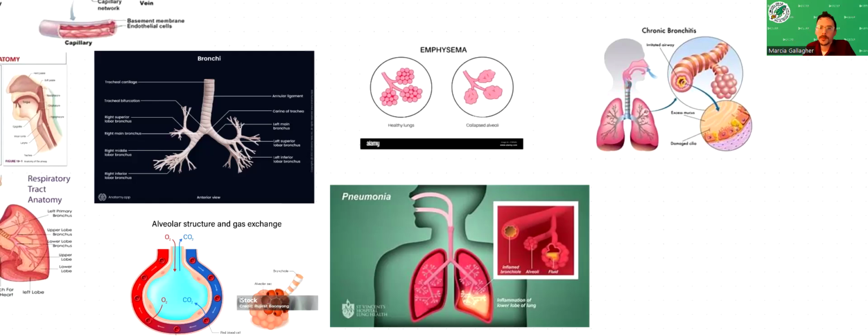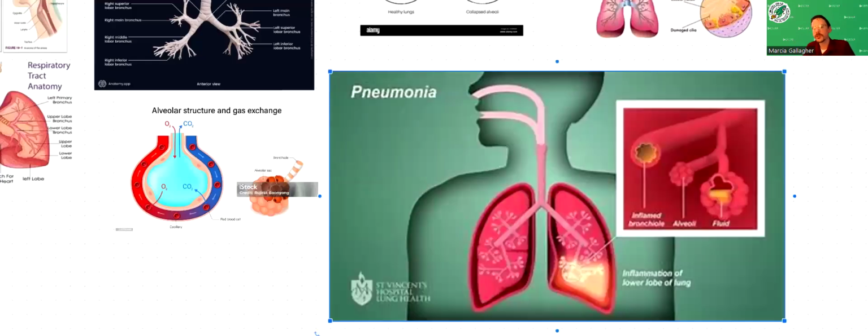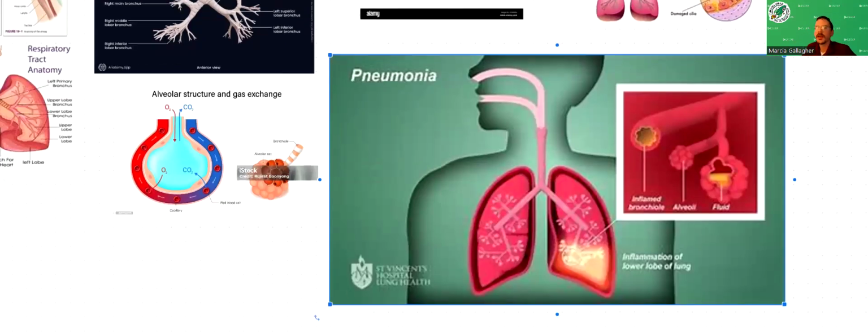Pneumonia is one that we talk about a lot, or that we see a lot, and it can be caused by several different things. It can be bacterial, it can be viral, it can be fungal. But pneumonia is an infection of the lungs. And so this is going to cause both that physical obstruction to air getting in, where your bronchioles are inflamed and infected and secreting all sorts of mucus to try to get all that stuff out.